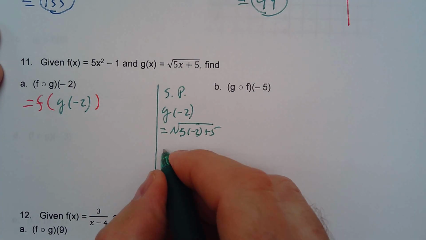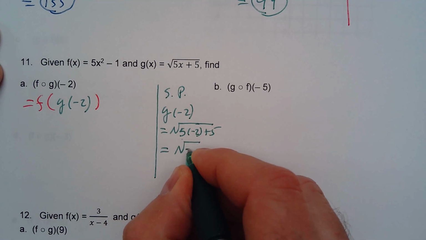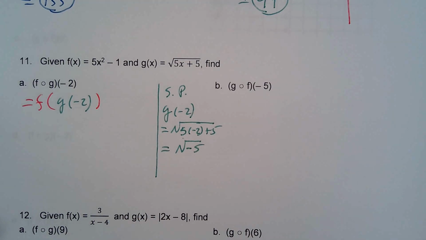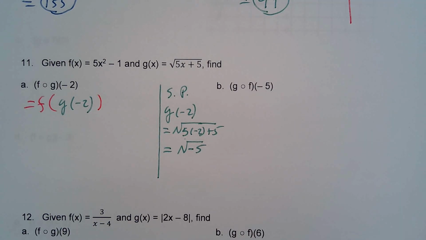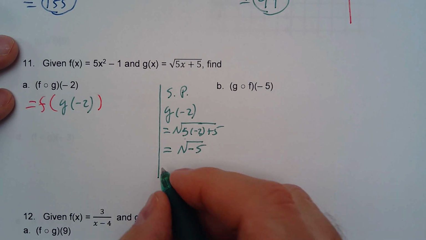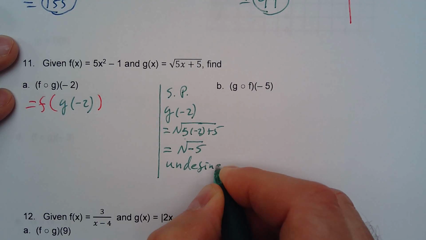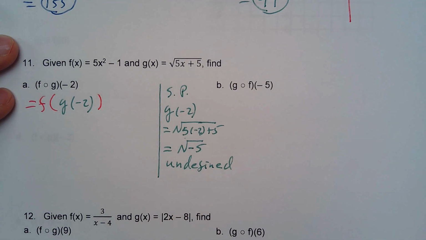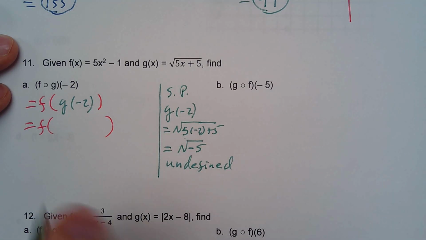Now we run into a problem here because this is negative 10 plus 5. This is the square root of negative 5. Well, I'm stuck here. This is undefined in the real numbers. And it's not like I can go over here and take F of undefined. That doesn't make any sense.